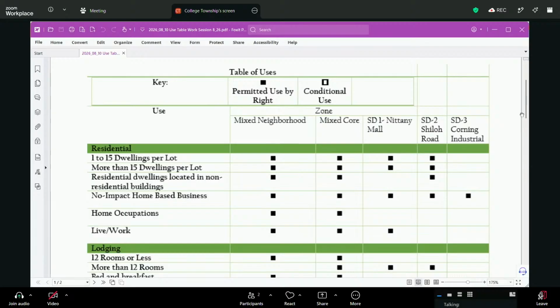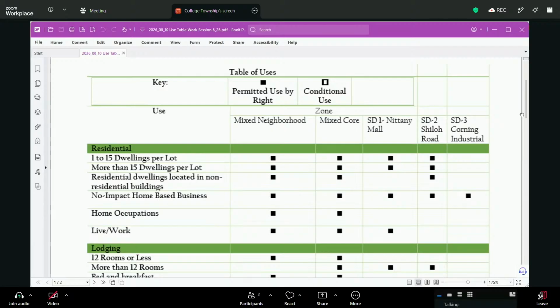But PC pretty much felt that it should all be allowed in those other districts, in terms of up to 15 dwelling units per lot, more than 15 dwelling units per lot. They didn't want to regulate how many units could be in those.